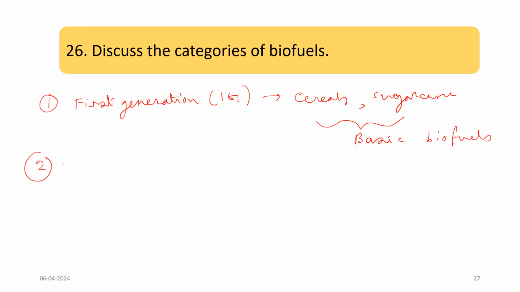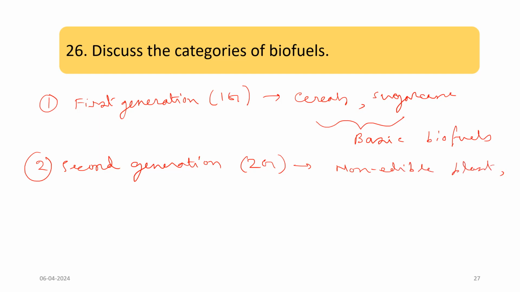The second one is the second generation, that is 2G, and it uses non-edible plant, agricultural, and municipal waste.